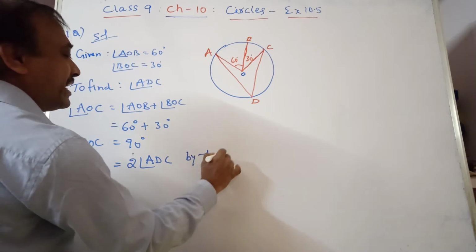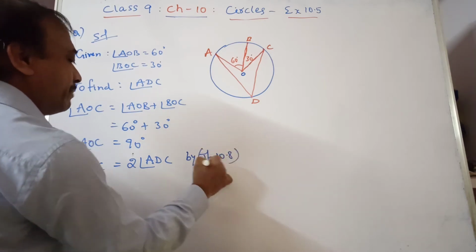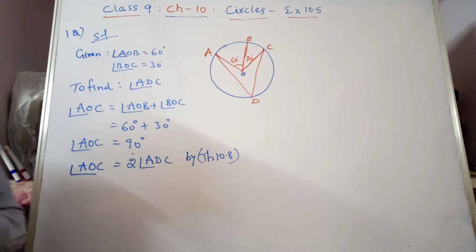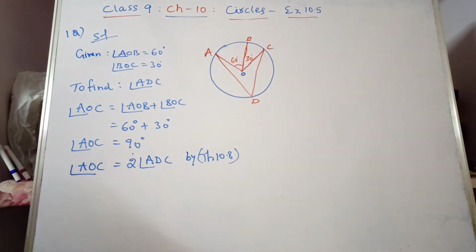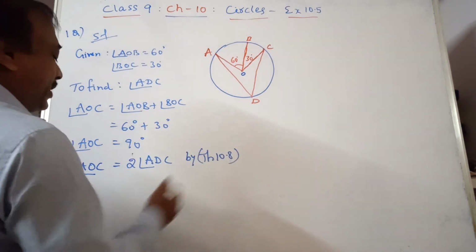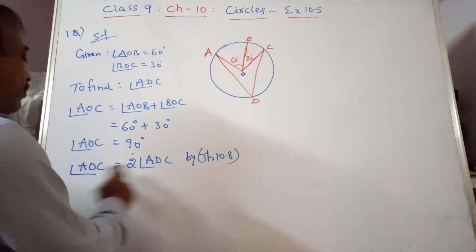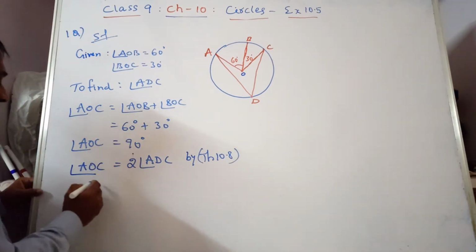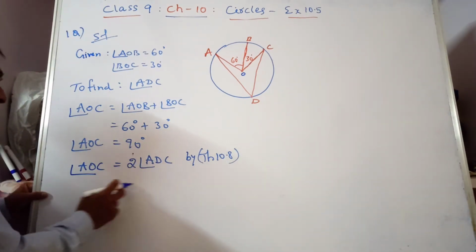What is theorem number 10.8? The statement is: angle subtended by an arc at the center is double the angle subtended by it at any point on the remaining part of the circle. So here AOC is equal to 2 times ADC, theorem number 10.8. Now AOC is 90 degrees. That means ADC will be half of this.